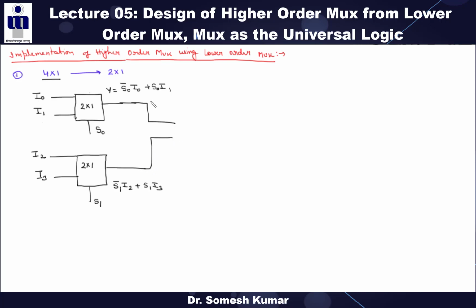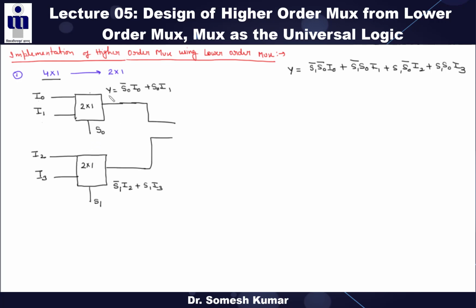You should know the expression of your 4:1 mux. We already did it in the previous lecture: S0 bar S1 bar into I0 plus S1 bar S0 into I1 plus S1 S0 bar I2 plus S1 S0 into I3. Now accordingly we can give the values to the select lines.